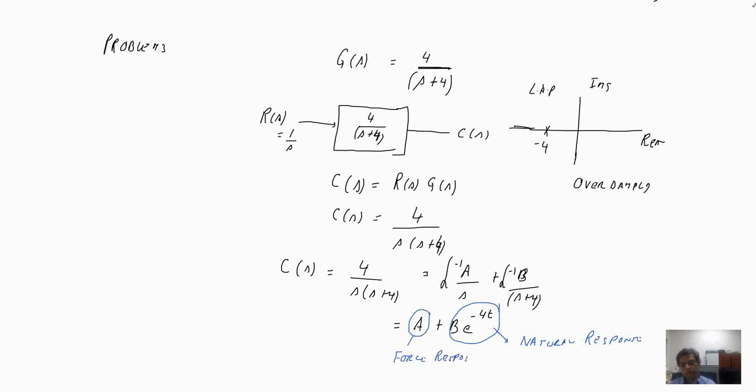As you can see, there is one pole on the left hand side of the plane on the real axis, and hence the system is an overdamped system.